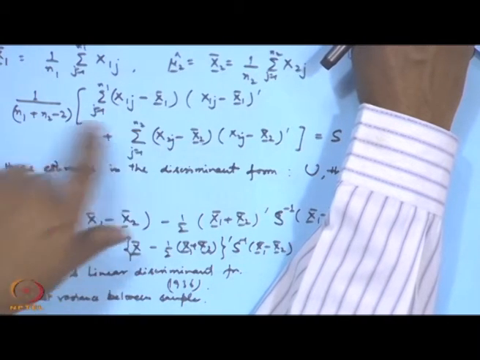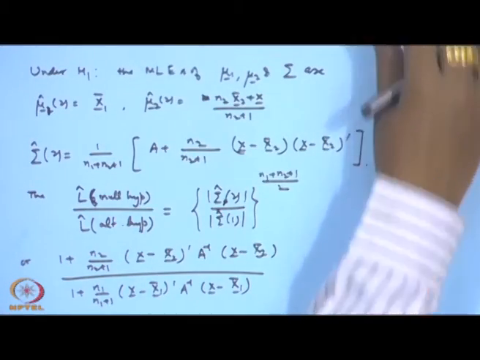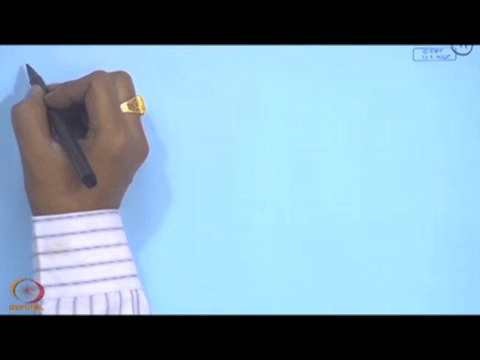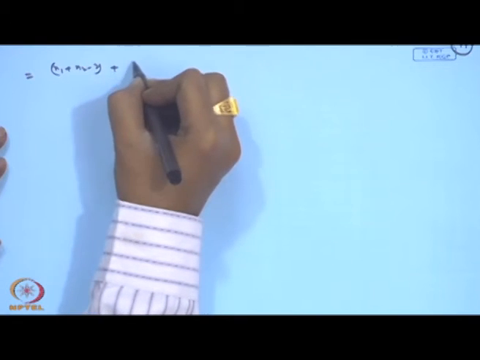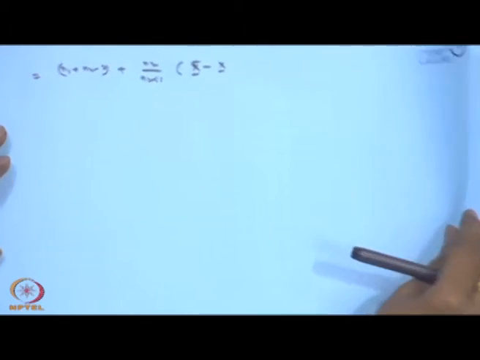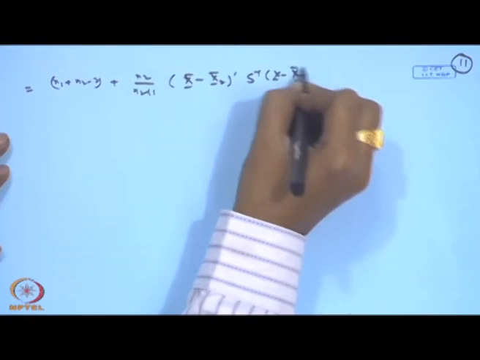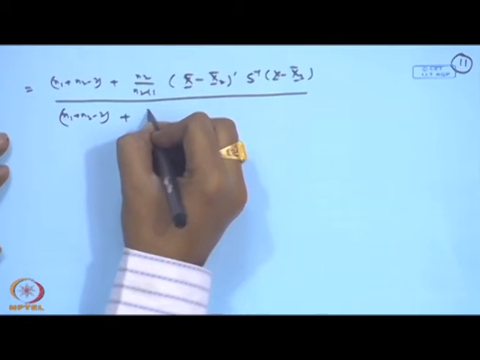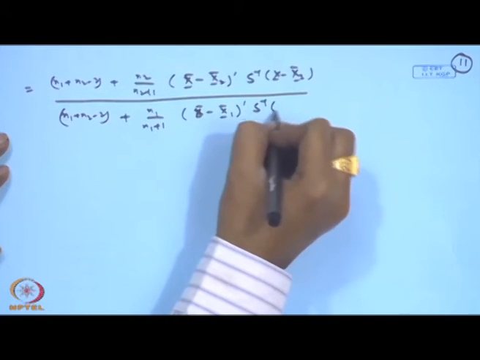A I wrote as this term, so A by n 1 plus n 2 minus 2 is S. So, if we use this expression, then I will get this as the same as n 1 plus n 2 minus 2 plus n 2 by n 2 plus 1 (x minus x 2 bar) prime S inverse (x minus x 2 bar), divided by n 1 plus n 2 minus 2 plus n 1 by n 1 plus 1 (x minus x 1 bar) prime S inverse (x minus x 1 bar).